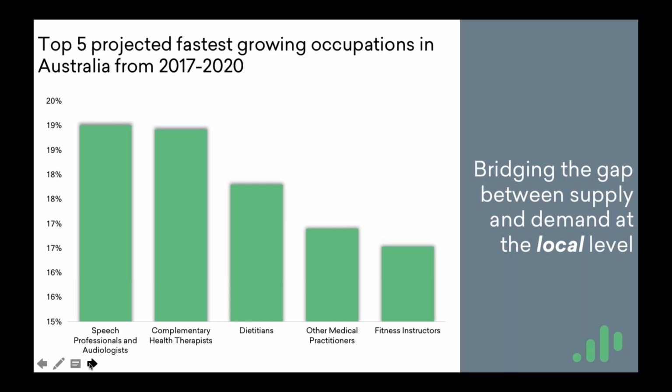So an example of that, here we have the top 5 fastest growing jobs in Australia over the next couple of years. You see those 5 jobs there, they're all trending at about 20% growth. Just take a look at the jobs along the bottom there, those 5 jobs.